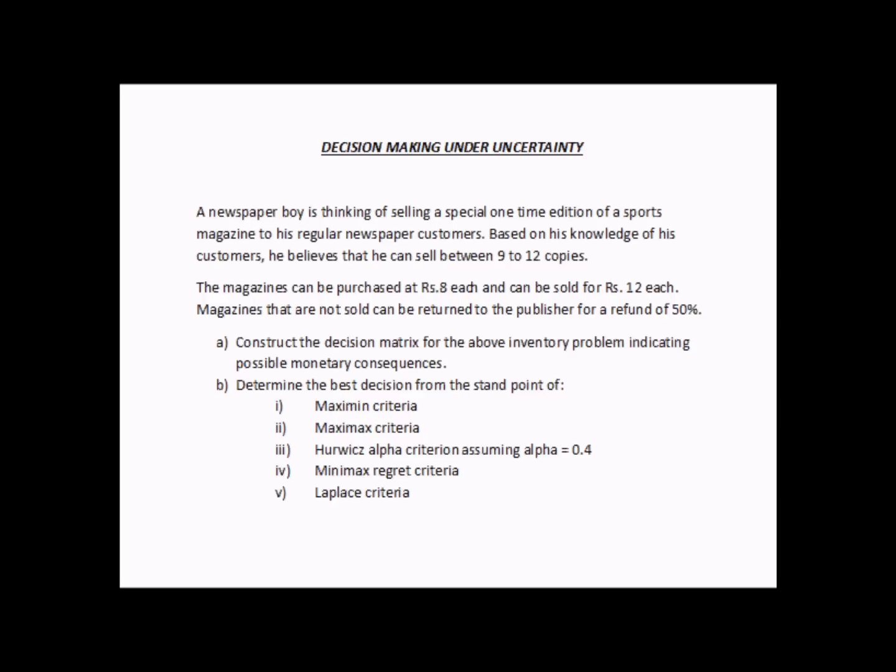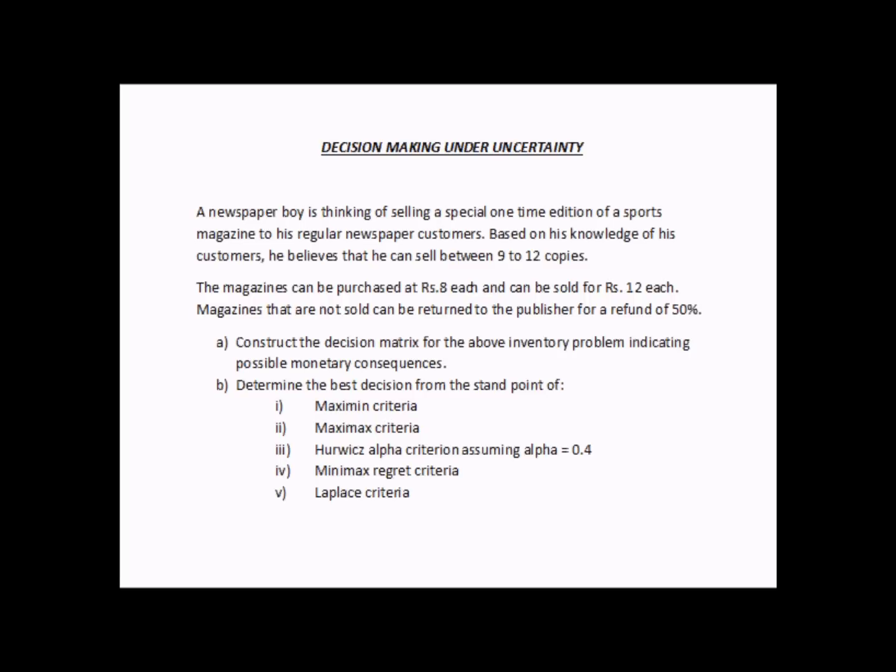Now he is trying to sell a special one-time edition of a sports magazine to the same set of customers. Based on his knowledge of his customers, he believes that he can sell between 9 to 12 copies of the magazine.